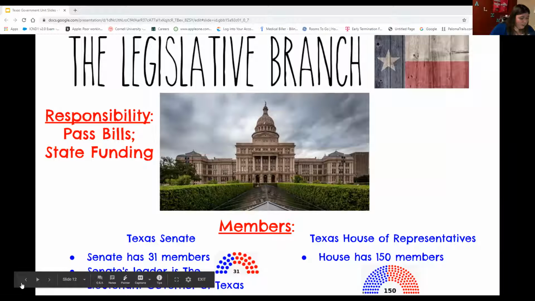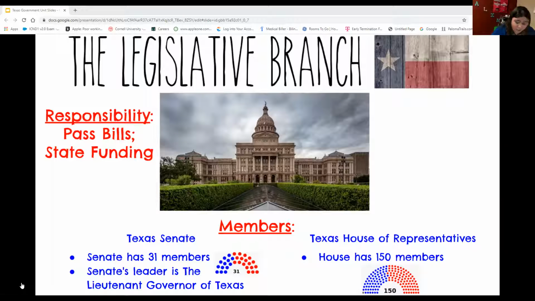The 31 members are the state's leaders in the lieutenant government of Texas. And then the Texas House of Representatives is the House. The House has 150 members. The responsibilities for Texas are going to be pass bills and state funding. So that's what we're looking for.